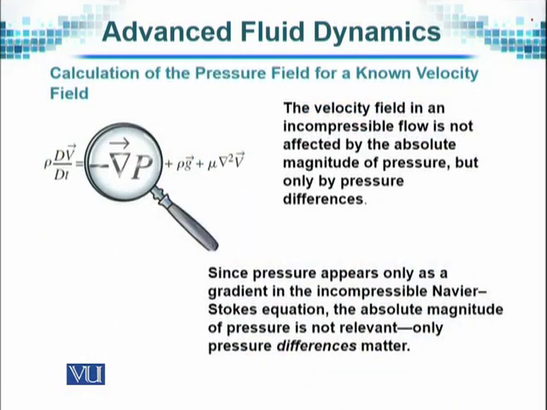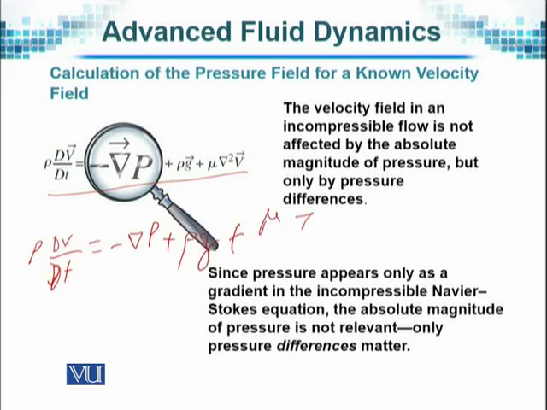You will notice the pressure gradient in this equation, which is the Navier-Stokes equation. If I write it as dV by dt, it is equal to minus gradient of P plus rho g plus mu del square V. You note here that P does not appear in these equations separately or independently. It always appears in the equations of motion as a gradient.